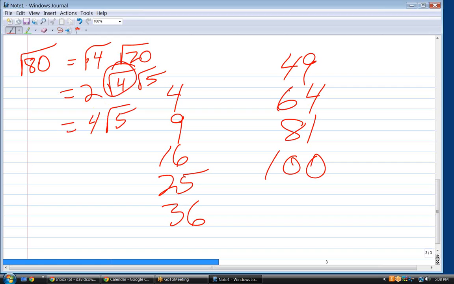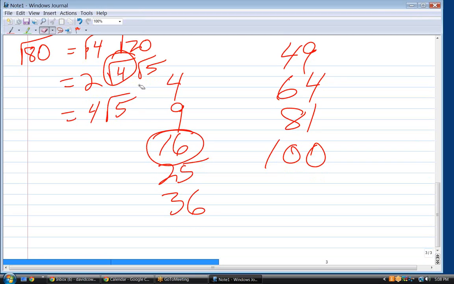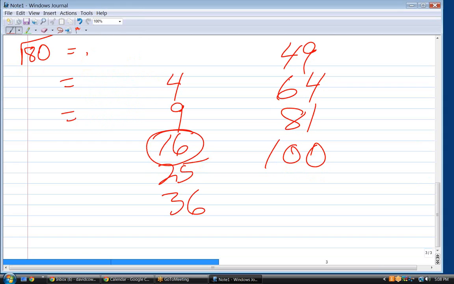Now, it took me 2 steps to get there because I didn't realize that 16 is also a factor of 80. In other words, had I realized that I could write this as square root of 16 times square root of 5, now in one step, I've got it narrowed down.